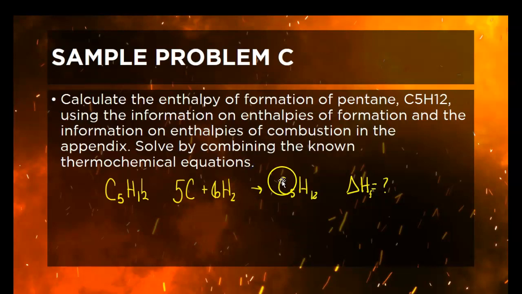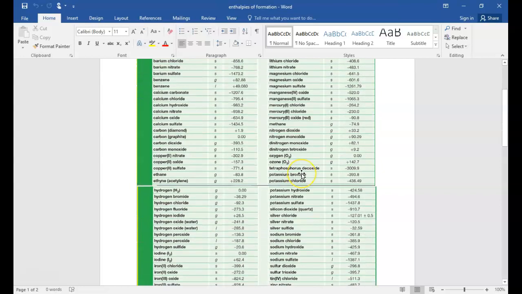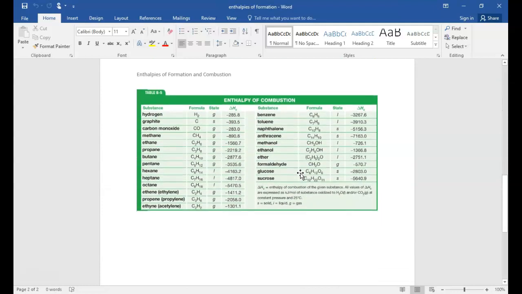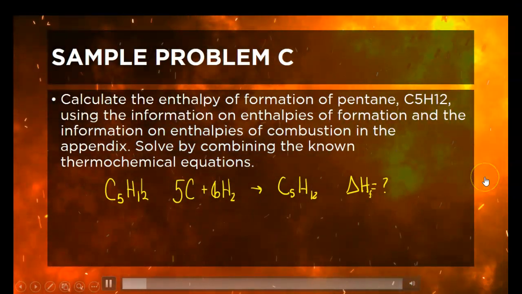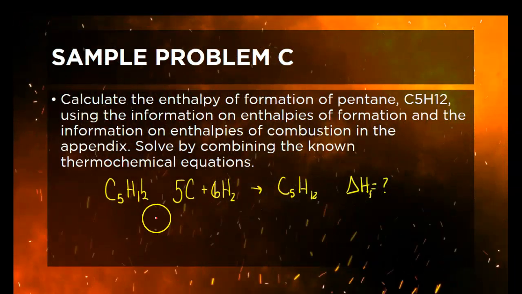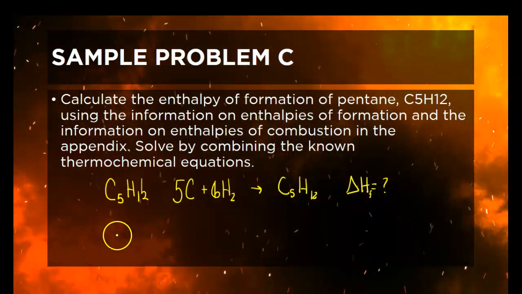So when I look at my sheet here, I see that pentane has an enthalpy of combustion of negative 35.6. So what does enthalpy of combustion mean? It means when pentane burns in oxygen, it will form carbon dioxide and water. That's our typical combustion formula.